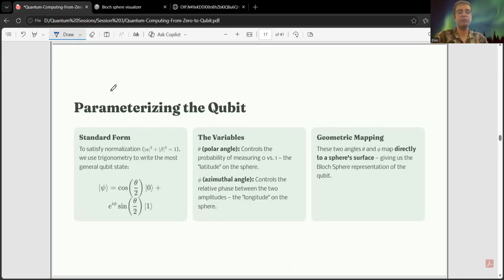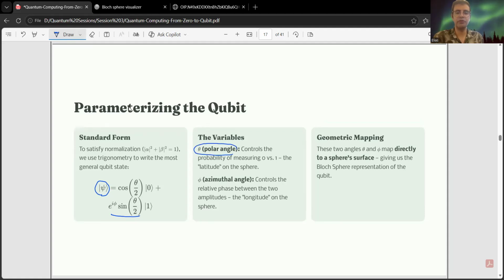And we can also parameterize our qubits. So we can show the state of the qubit with this representation. Instead of alpha, I can write cosine theta over 2. And instead of beta, I can write e to the power of i phi, and then sine theta over 2.